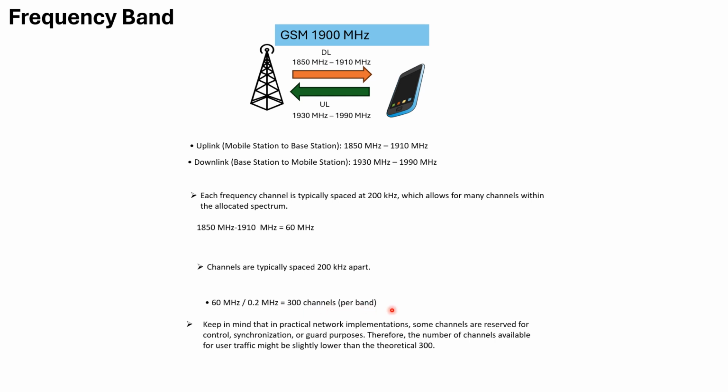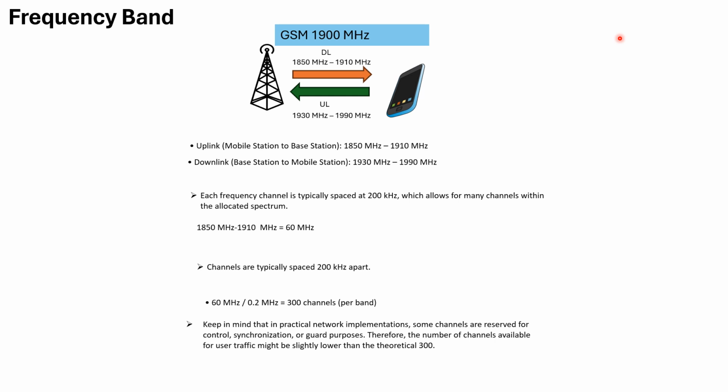This calculation indicates that there are theoretically 300 channels available for both uplink and downlink. Practical usage. In actual network implementations, some channels are reserved for essential functions such as control, synchronization, and guard purposes.